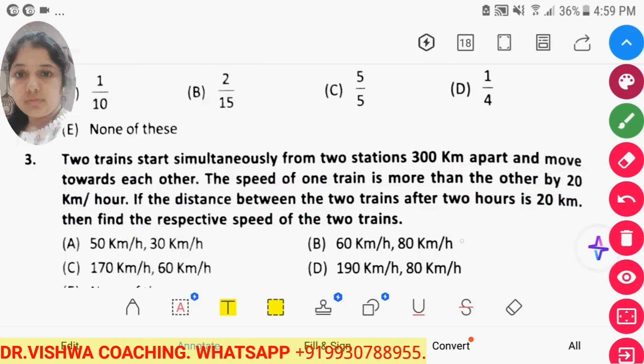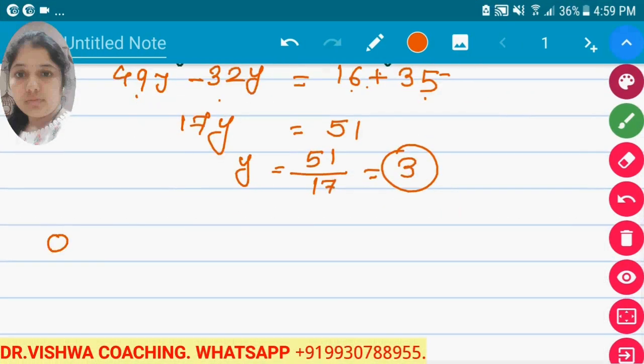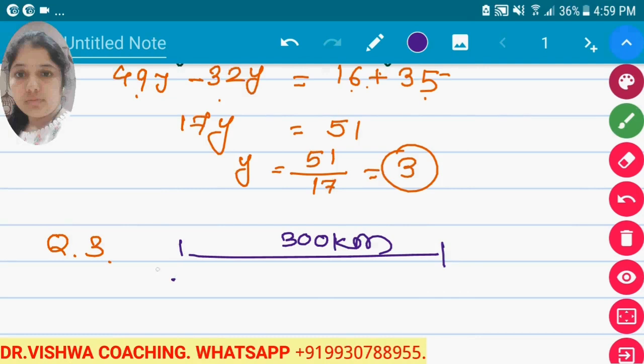Now see, two trains are moving towards each other. Okay, and the distance in between them is 300 kilometers. Distance between these two stations is 300 kilometers.